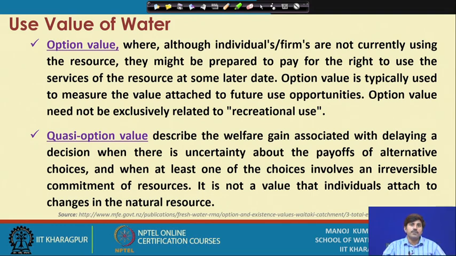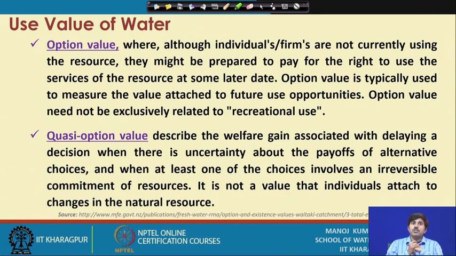In any form, the future use of water is considered under the option value, where it is not currently being used, but some individual or some firm or somebody is ready to pay for the right to use these services at some later stage. Okay. So, then it will be considered as an option value.